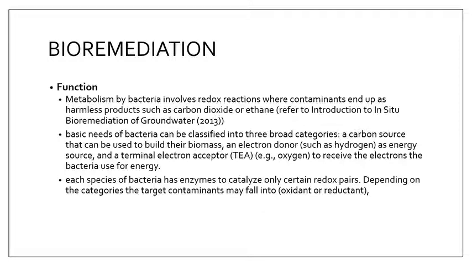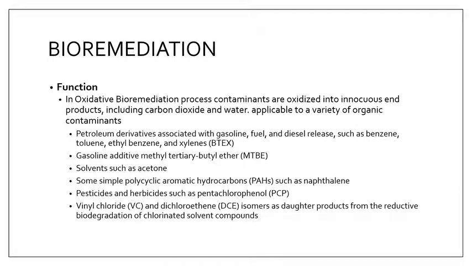Once you identify that, you have to look for the specific species of bacteria that can catalyze that kind of redox reaction. So you have to tailor fit the selection process of your bacteria for the type of contamination that is present in your site.